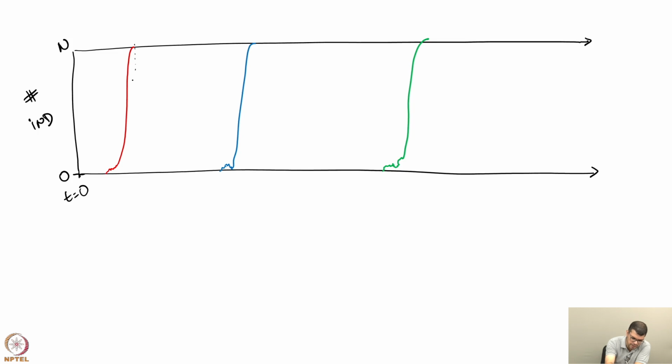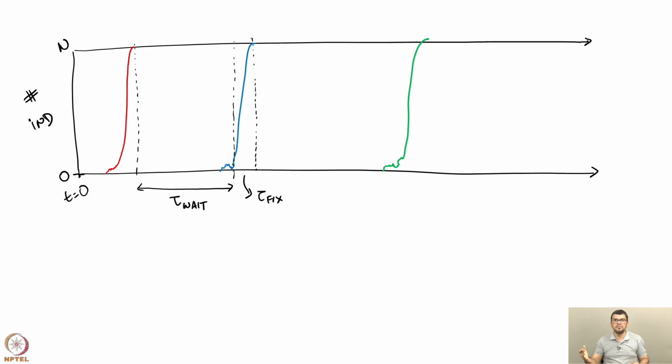So, if we look between red and blue, the time associated with waiting, where it escapes drift maybe somewhere here, this is tau wait, and this, when it reaches fixation, this is tau fix. And as we can see, in each one of these 3 mutations that fix in the population, tau fix is much smaller as compared to tau wait.